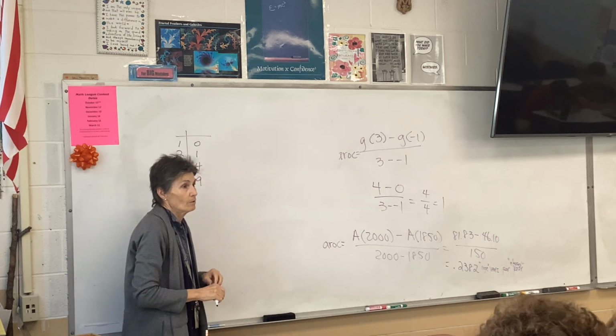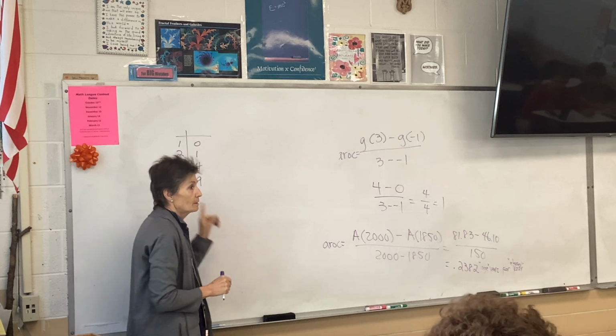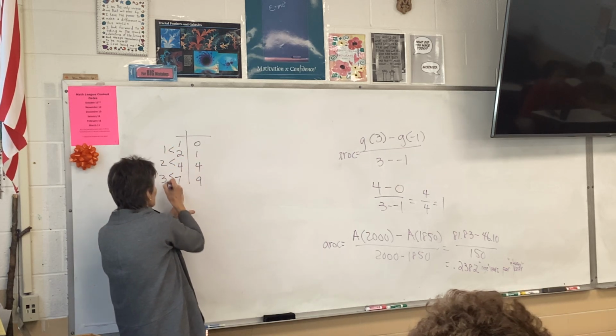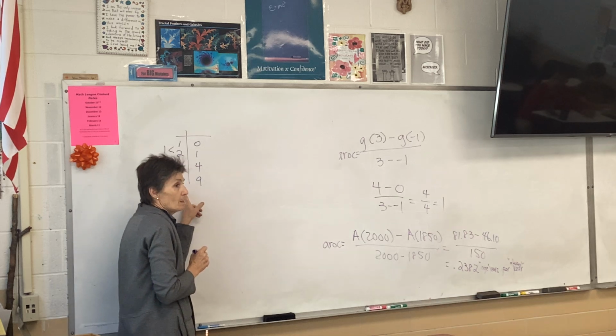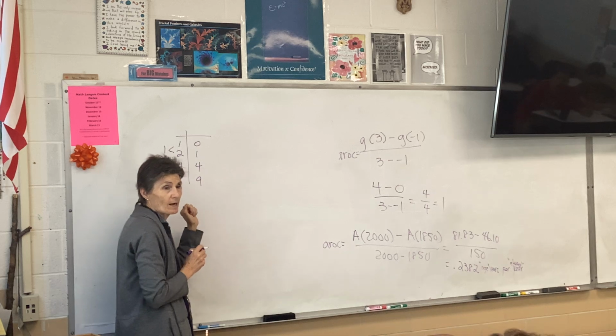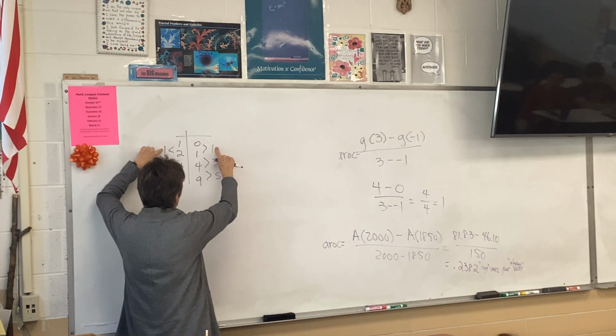Be really careful. What is tricky about this one? These aren't the same. So the only conclusion you can draw will be if the average rates of change are the same, you can say it's linear. Otherwise, you're not going to be able to make a conclusion. So, what is our average rate of change here?